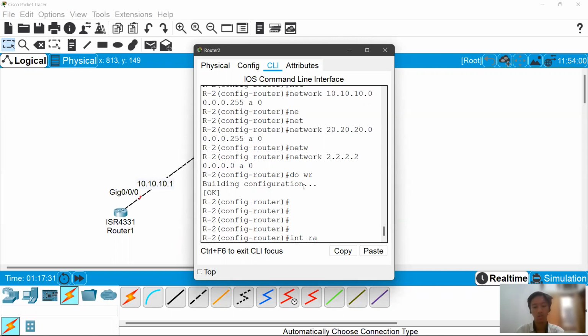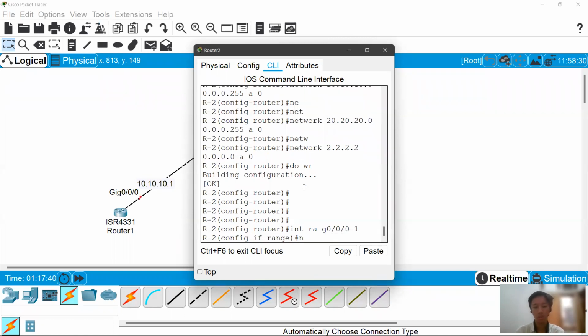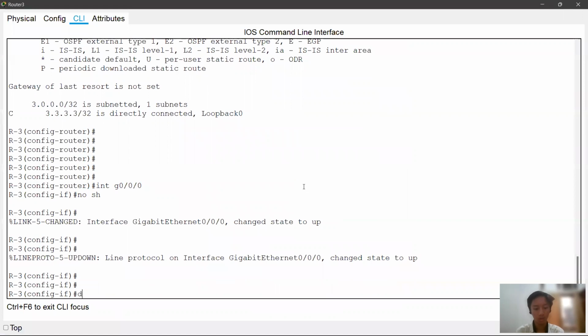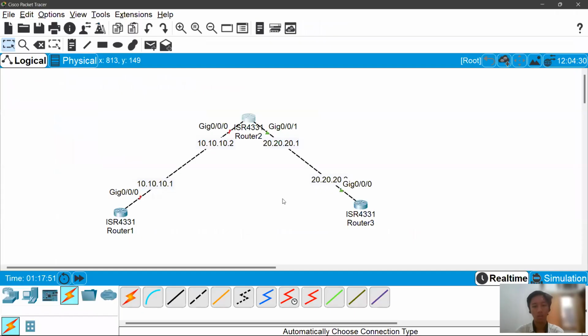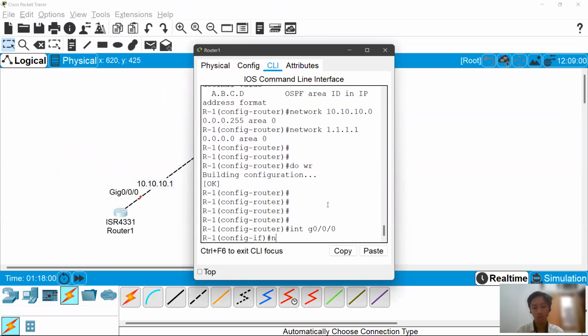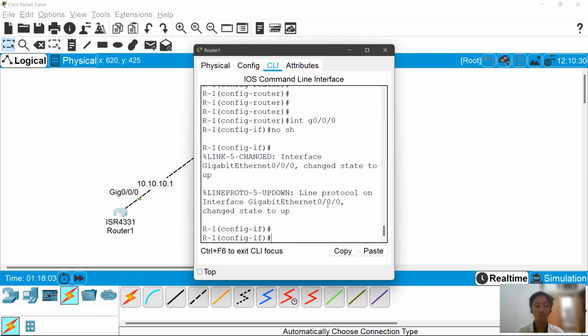Interface range gig 0/0/0 to 0/0/1, no shutdown, then write. Interface gig 0/0/0, no shutdown. Okay.